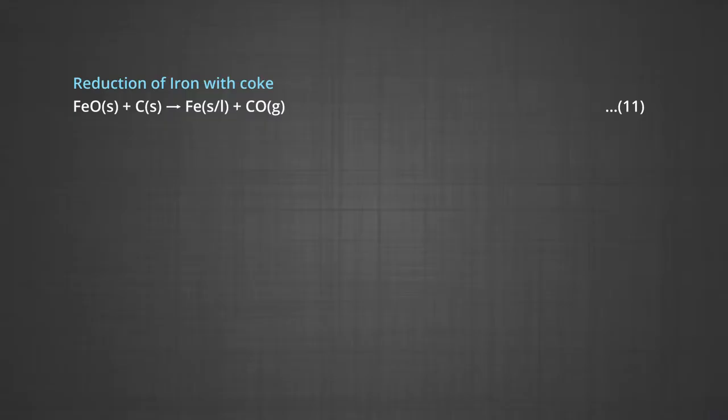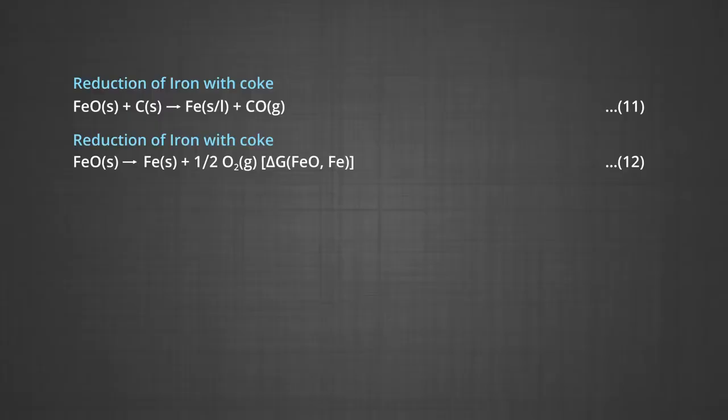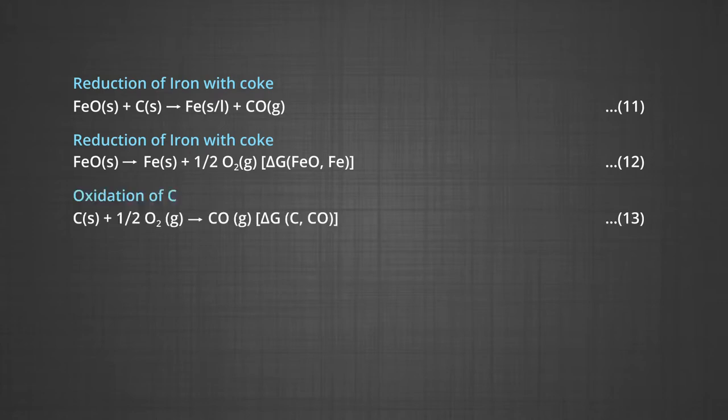One of the main reduction steps in this process is iron oxide reacting with coke to form iron plus carbon monoxide. It can be seen as a couple of two simpler reactions. In one, the reduction of iron oxide is taking place, and in the other, coke is being oxidized to carbon monoxide. Iron oxide decomposes to give iron and oxygen, and coke reacts with oxygen to give carbon monoxide.